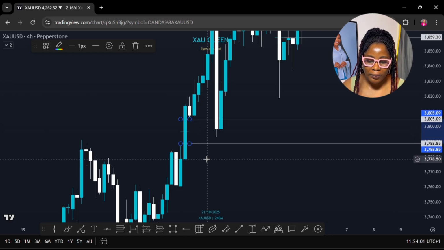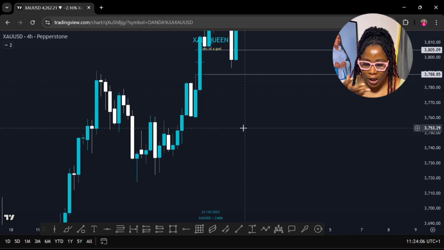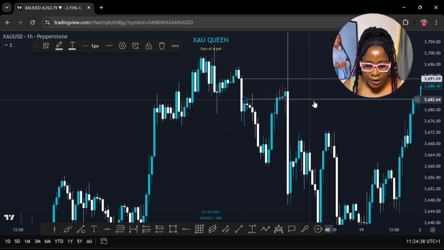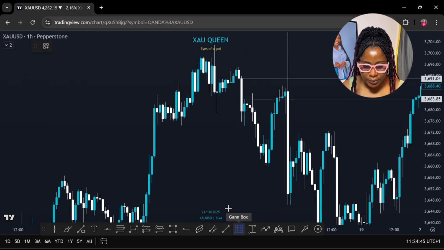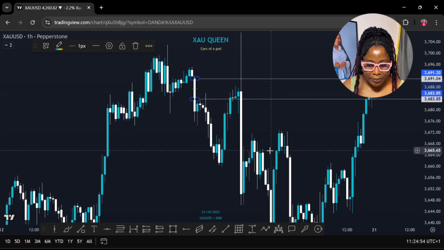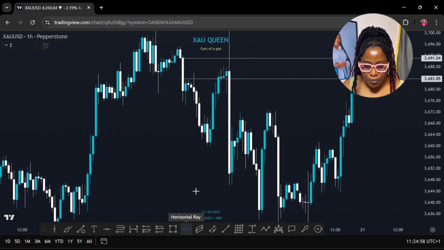This is a superb FVG. This is an FVG, third candle. This is an FVG. You can see how price came neatly, tapped into the FVG and sold. Here again, price created another FVG.